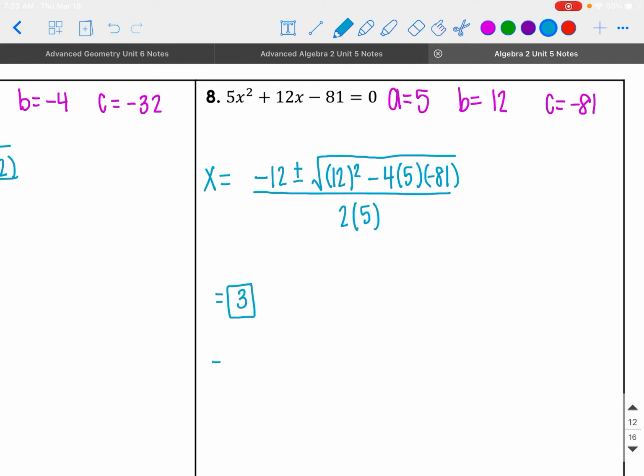And we get 3. And then when I go change it to a minus, we get -27/5.